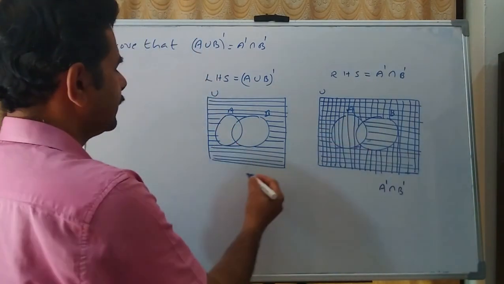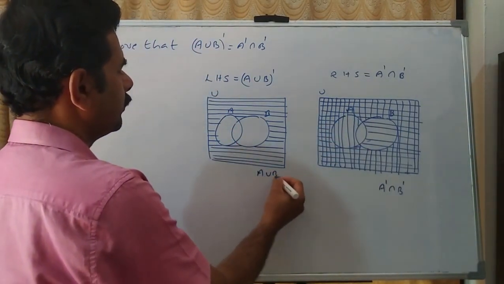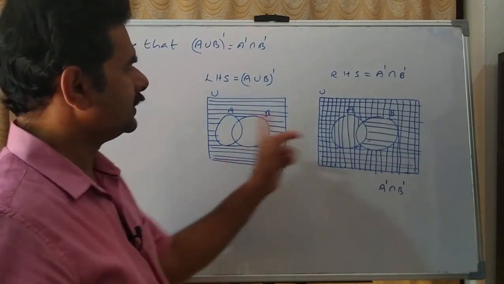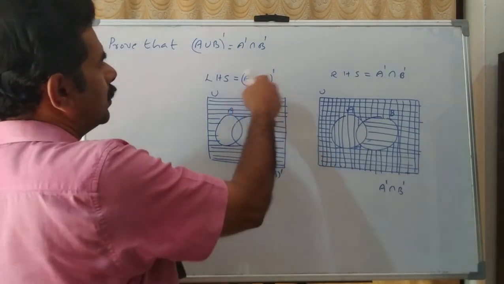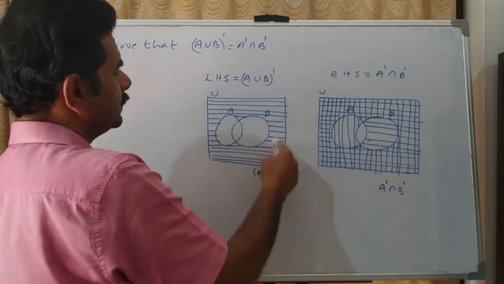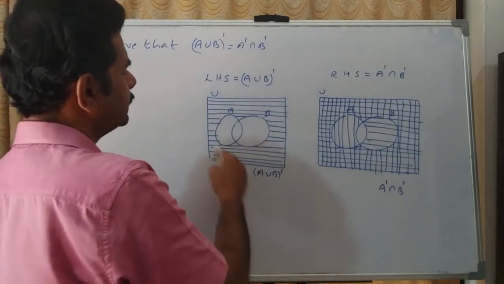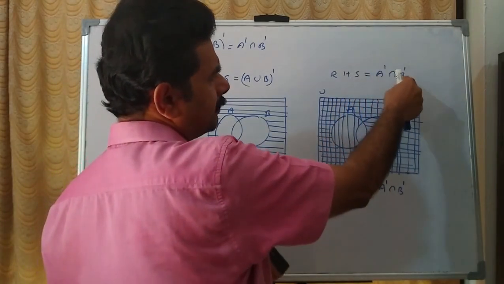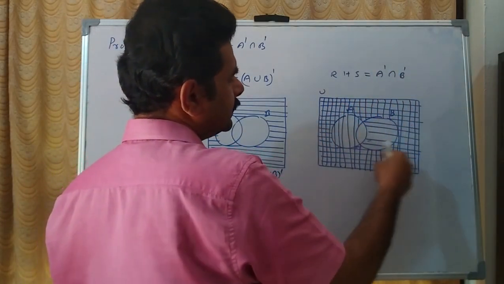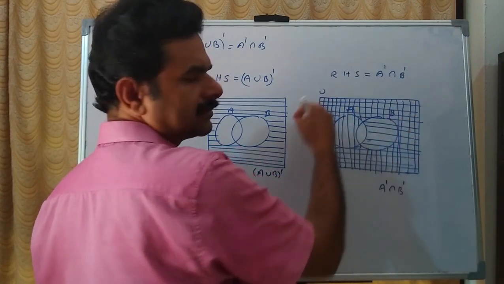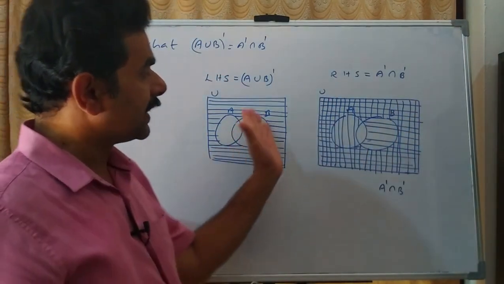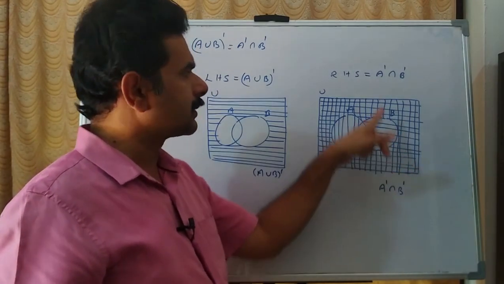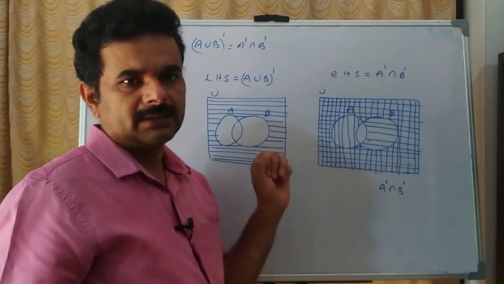So look here, it is what? A union B whole complement. See these two regions. A union B whole complement is this region. So the left hand side is this region, and the right hand side means A complement intersection B complement. That is the same region, isn't it? Shadings are different because here two types of shadings are used to represent A complement and B complement.